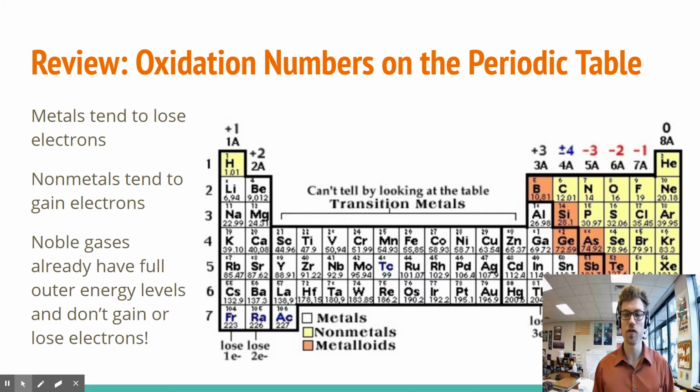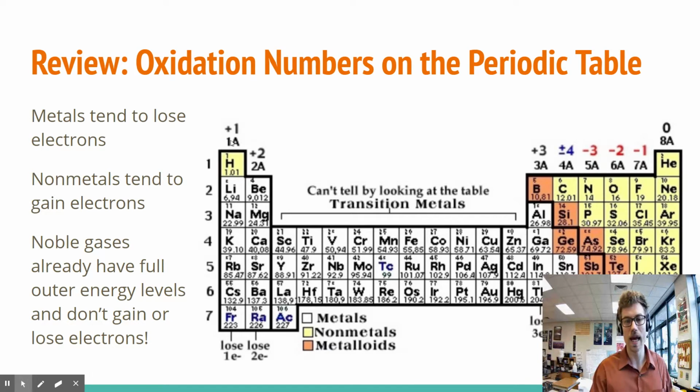Now, again, this is just a little bit of a review. You should have already written this down. If you haven't already, make sure you do that. This is the trend of the oxidation numbers on the periodic table, and we're going to need this trend in order to be able to figure out things with compounds that we talk about this unit.